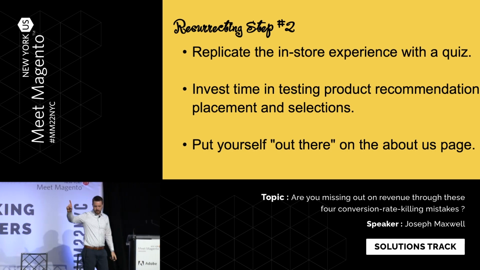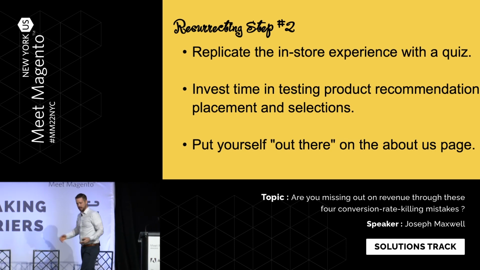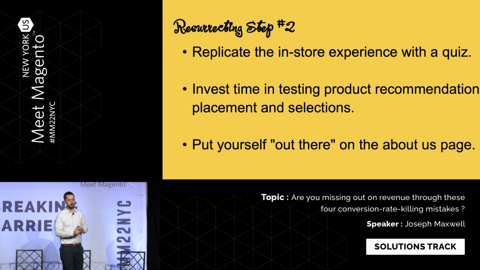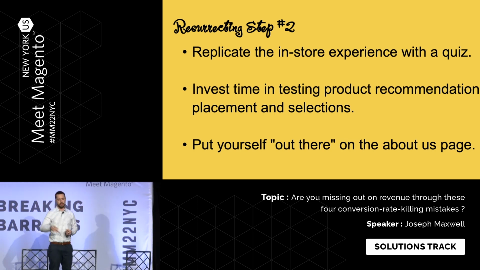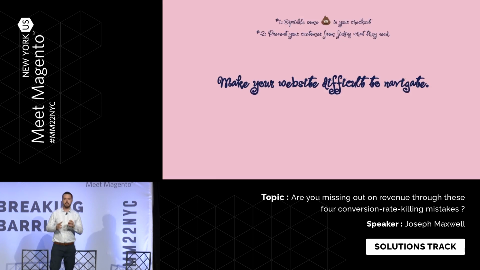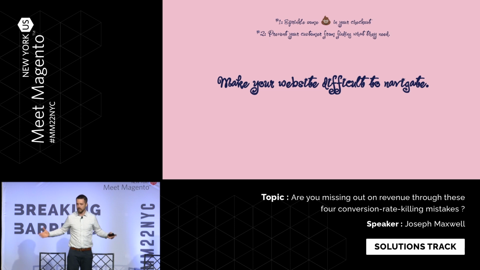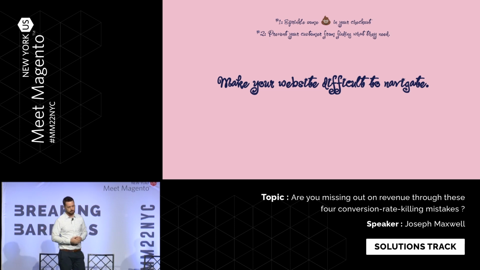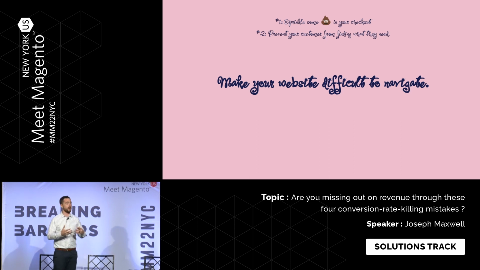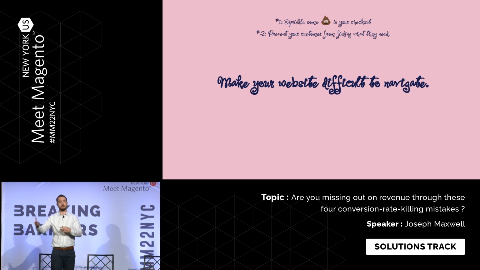So number 1, destroy your checkout. Number 2, prevent your customer from finding what they need. And number 3, I think, is one of my favorites. Make your website as difficult to navigate as possible. Now, some call this accessibility, and in our world, accessibility is becoming more and more important. In other words, we think of accessibility in the way of helping people with disabilities be able to access and navigate our website.